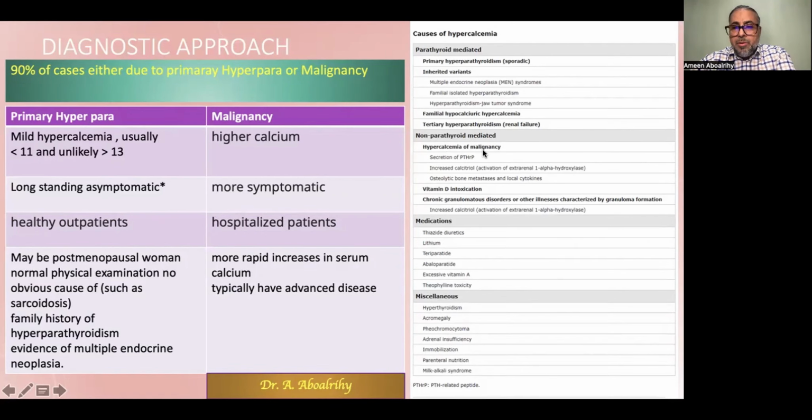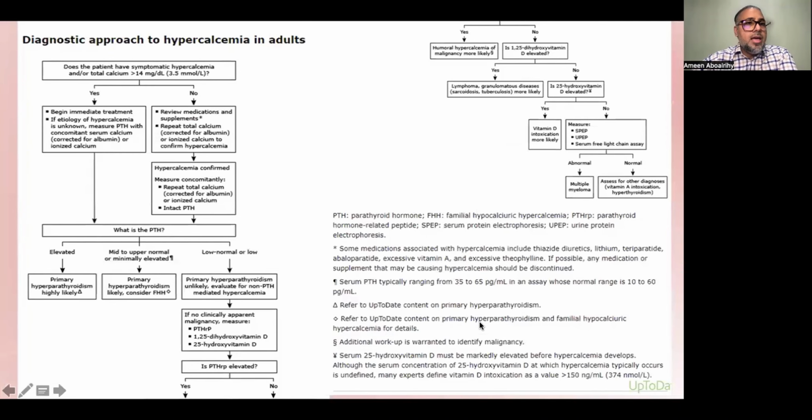Then non-parathyroid-mediated causes, like hypercalcemia of malignancy, vitamin D intoxication, chronic granulomatous disease, and medications, very well known, thiazides, and vitamin A intoxication, and there are some miscellaneous causes as well.